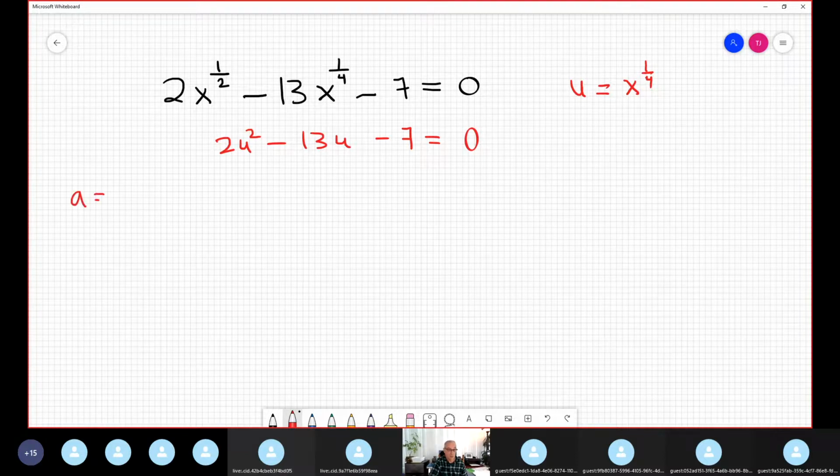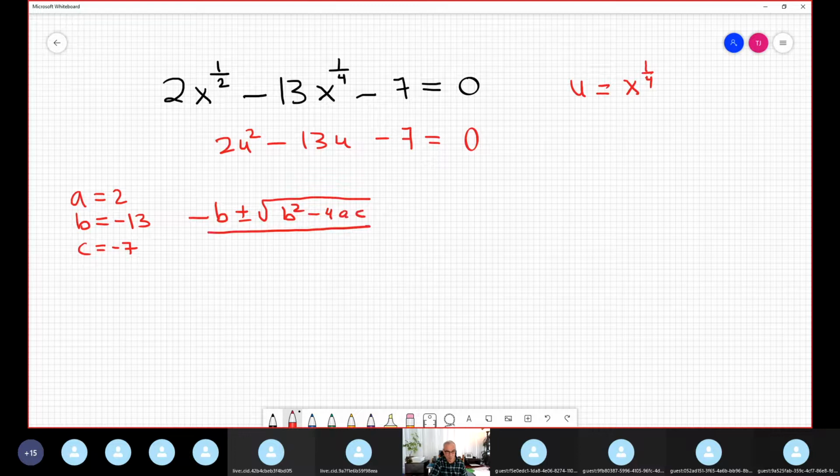A is 2, B is 13, negative 13, sorry, and C is negative 7. We can use the quadratic formula, or we can do factorization. No, I prefer the quadratic formula when A is not 1. So using the quadratic formula, minus B plus or minus square root of B squared minus 4AC, divided by 2A.